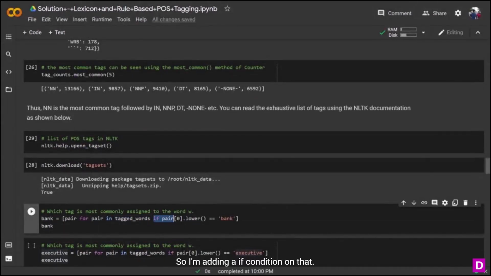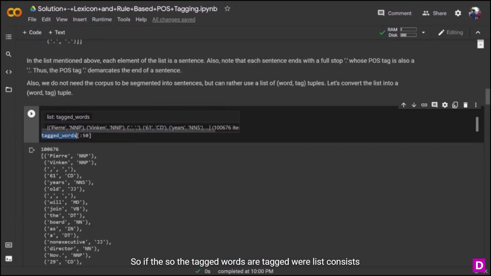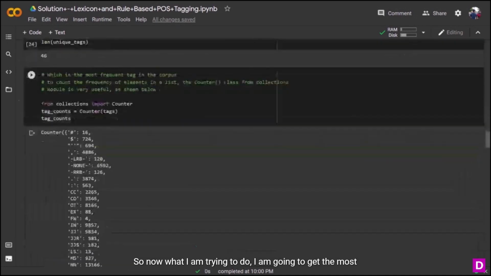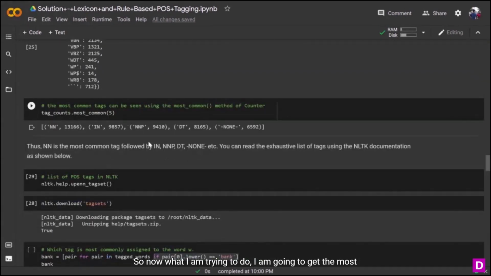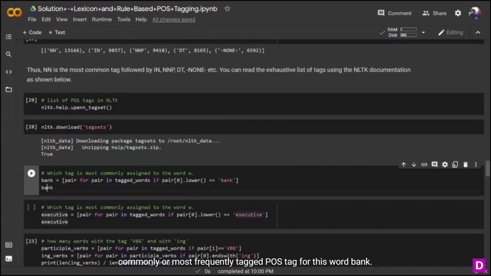I'm adding an if condition on that. The tagged words list consists of tuples, each a word and the POS tag associated with it. Now I am going to get the most frequently tagged POS tag for this word bank.